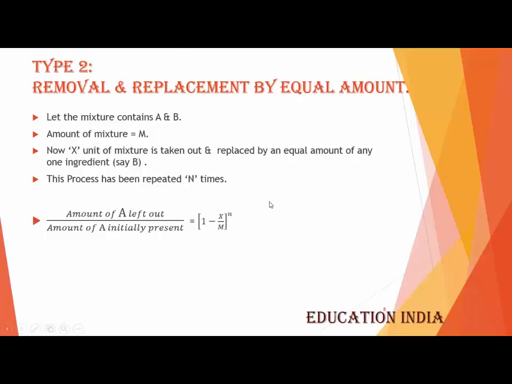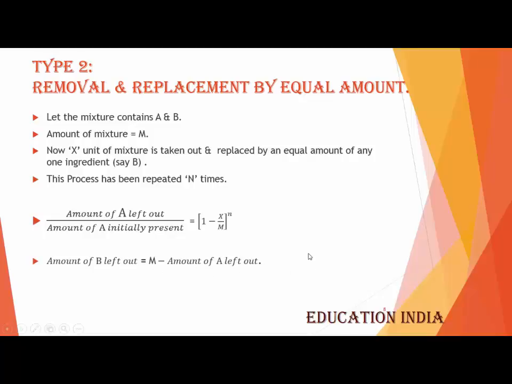Now let the mixture contain A and B. We will be replacing X units of the mixture by the ingredient B, and after repeating n such operations, the amount of A left out upon the amount of A initially present will be given by this simple formula, and the amount of B left out will be M minus the amount of A left out.